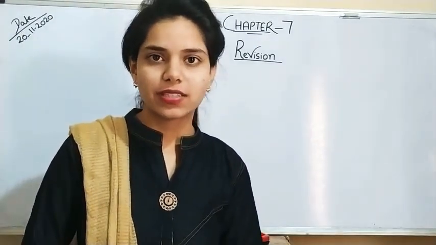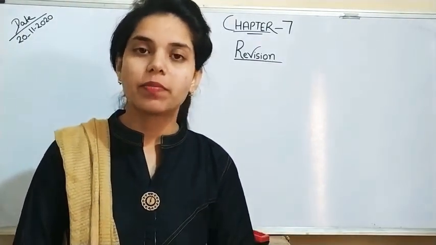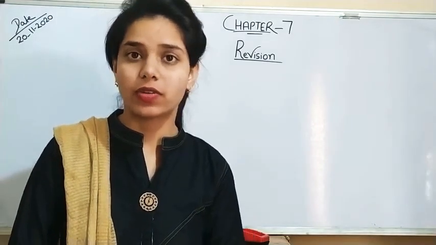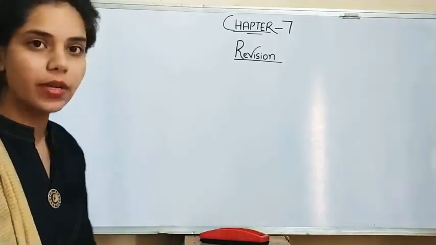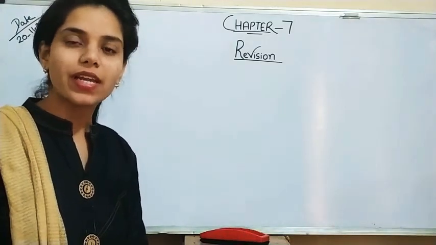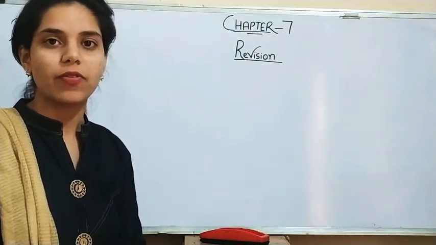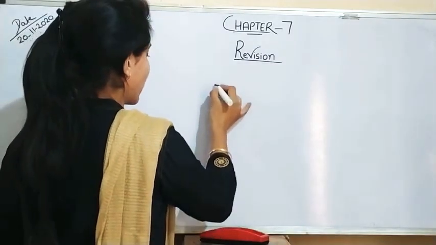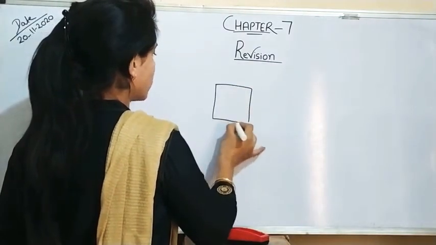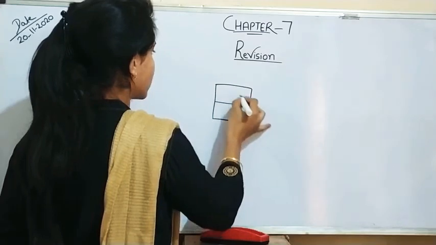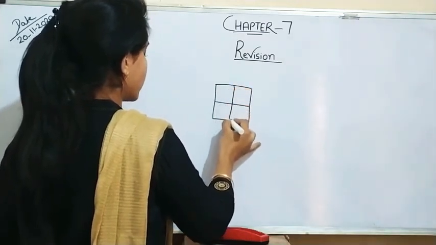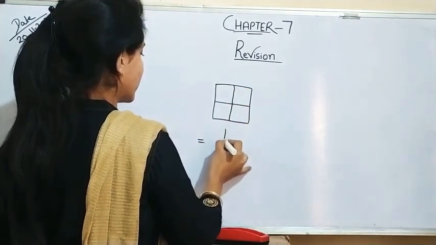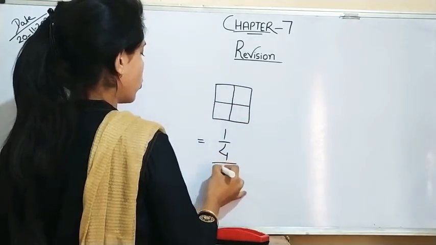So, what are fractions? If we are doing parts of a whole, equal parts of any shape or any figure, we can represent it in the form of a fraction. Suppose there is one square. If I am making equal parts of this square, I can write it in the form of 1 by 4.